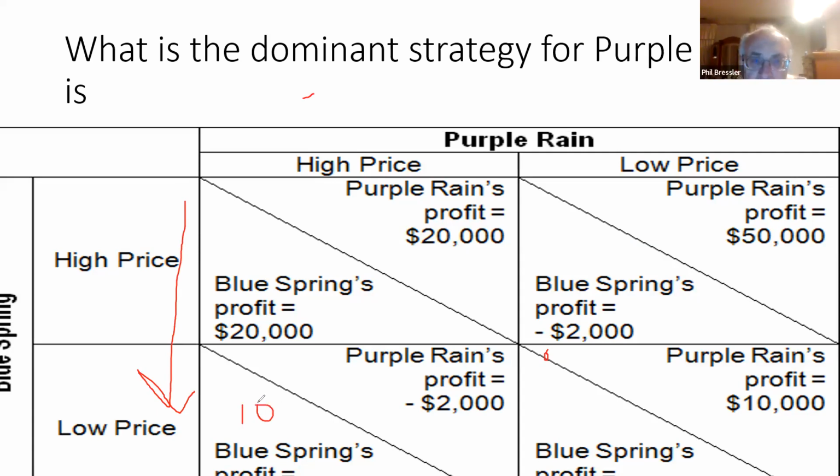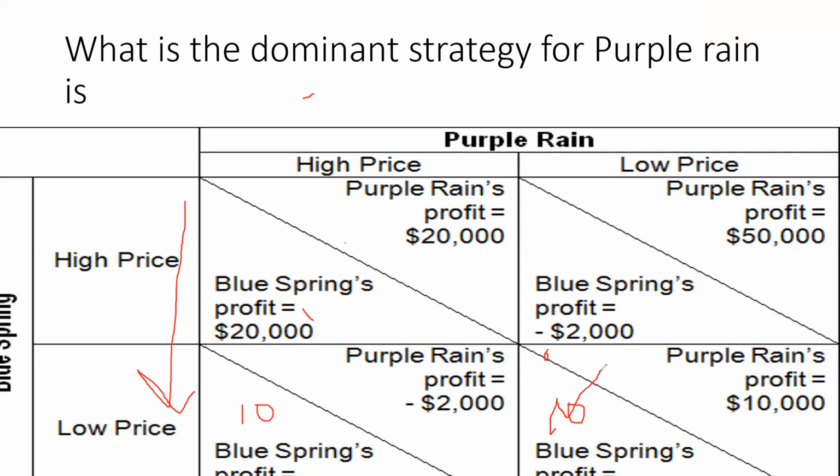Blue Spring could go high and make 3,000 or low and make 10,000. They're going to go low. Check there. And then if Purple Rain goes low, Blue Spring could go high and lose 2, or low and make 10. So they're going to go low.